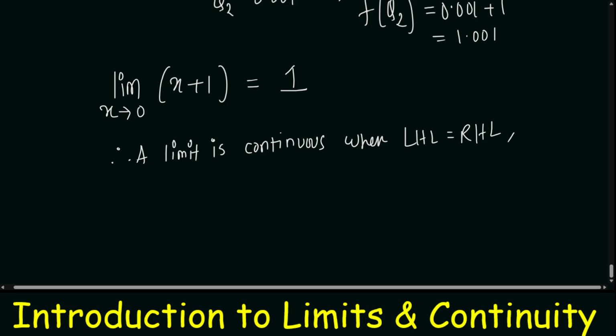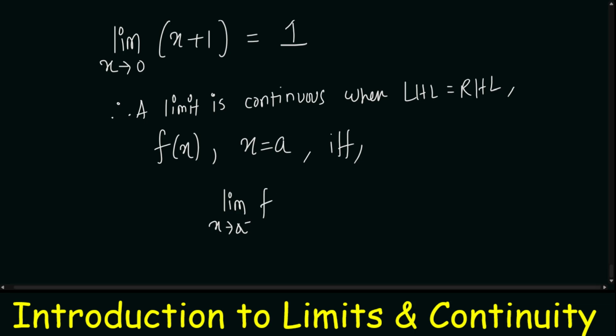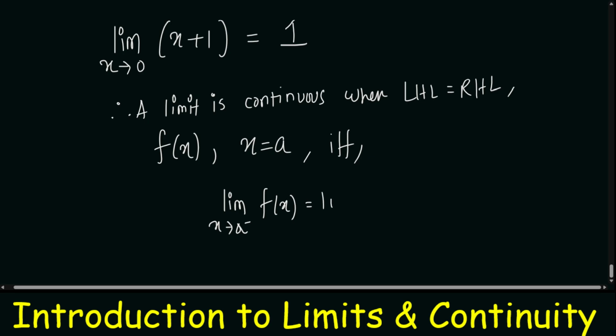So formally we can define that given a function f of x, this function is said to be continuous at x equals a if and only if limit x tends to a minus, that is approaching the value a from the left hand side of the function f of x, is equal to limit x tends to a plus f of x equals f of a, which is the value of the function defined at the point a.